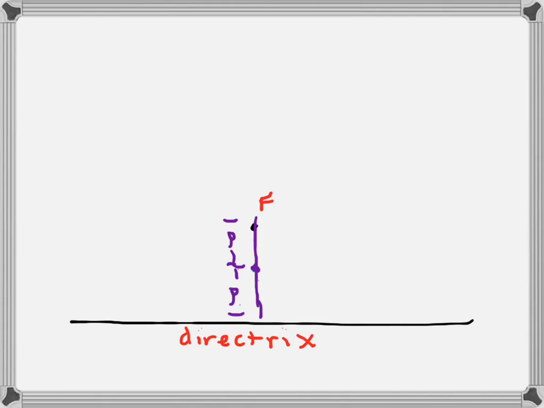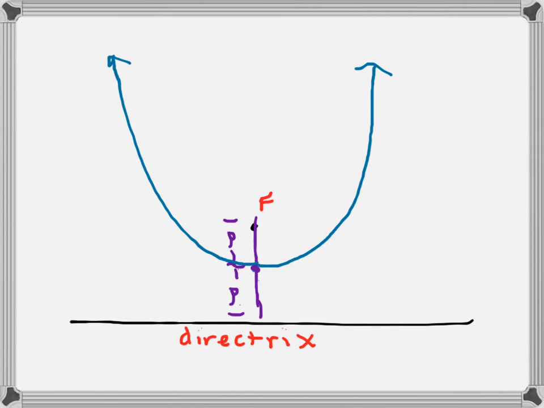Well, that's one point, and as I had mentioned, it's all of the points. So I'm going to just draw the parabola now. Here's the parabola. The idea is if I take any point on the parabola, maybe this point over here, this point is just as far from the line as it is from the focus, the point F. It's hard to see exactly, but this green distance is the same as this distance here, the perpendicular distance from the line.